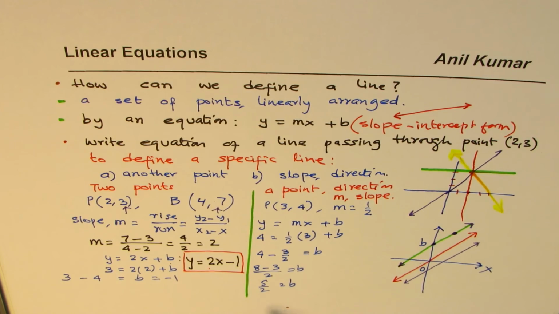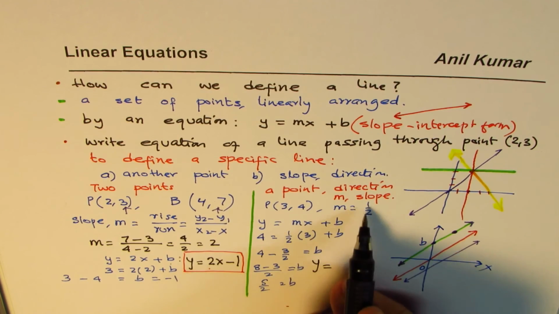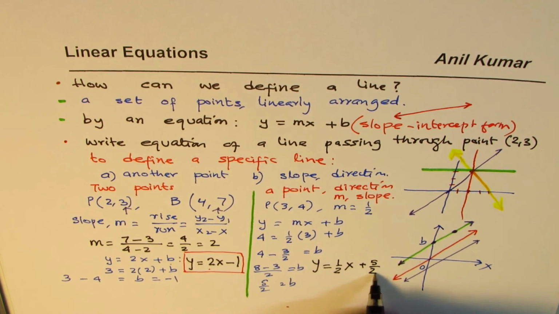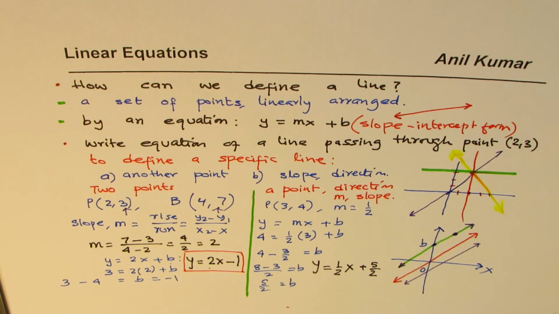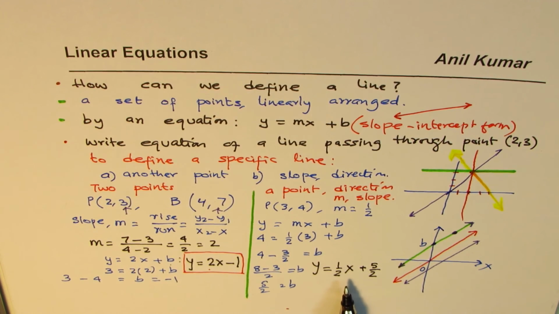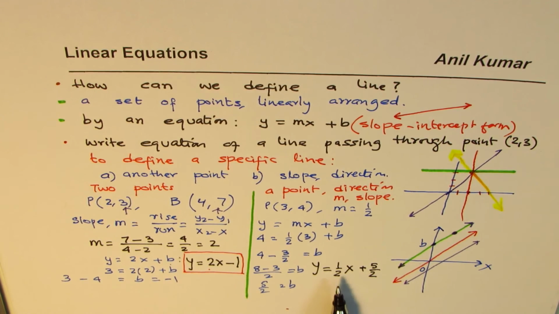Once we know that, we have all the required ingredients to write the equation. So we say y equals slope, half x, plus b, which is 5 over 2. So that is the slope-intercept form in which we have got our equation. Well, there are different forms to write this equation with. One of them is standard form, in which we write all x and y on the same side, and we avoid writing a fraction for x.